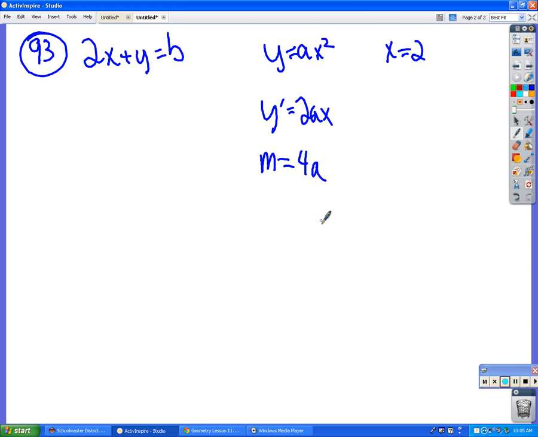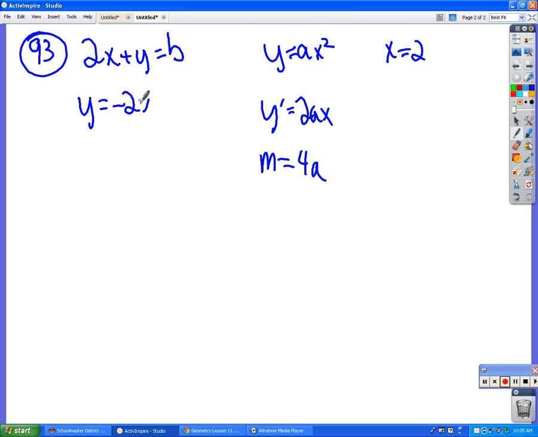What part of this has to equal 4a? The part before the x. Right now it's going to be -2, because I have to solve this for y first. I have to get it in slope-intercept form.